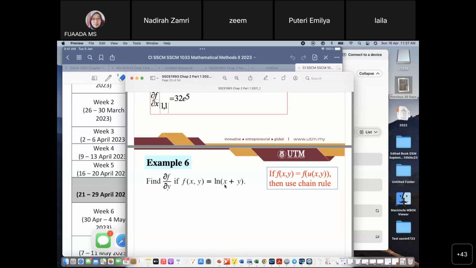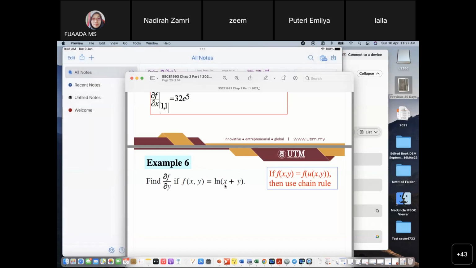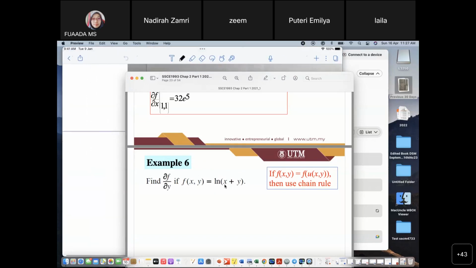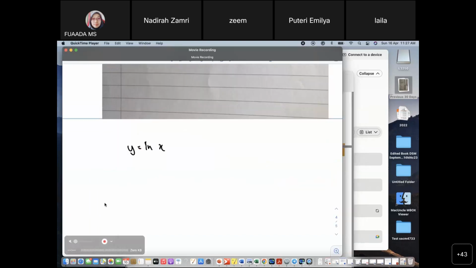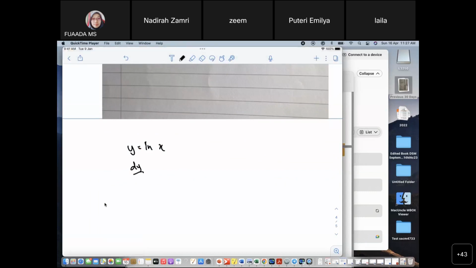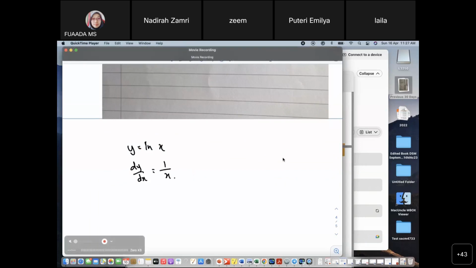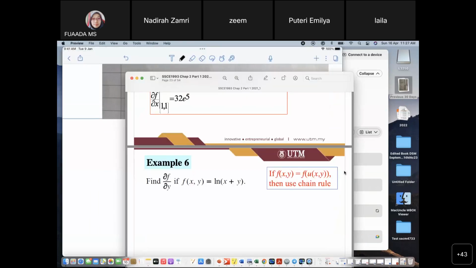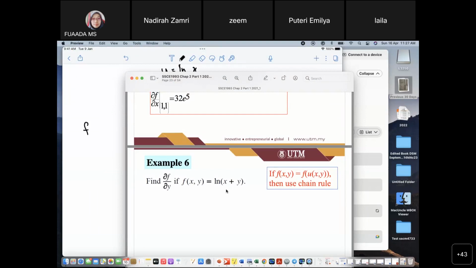If I just give you a simple function ln x, when you differentiate dy over dx, what is the result? 1 over x, yes. Similarly for this, let me copy the function.